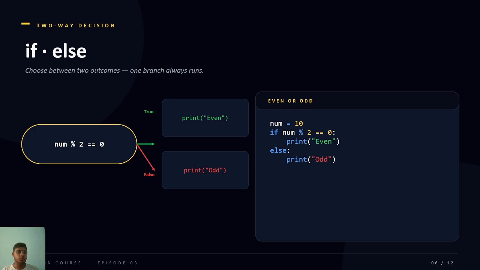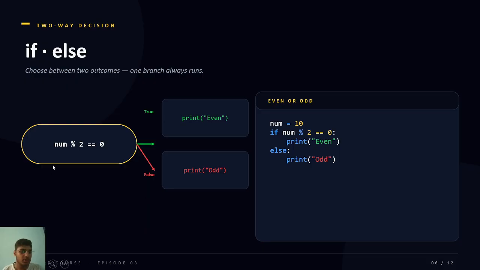The if else statement chooses between two outputs, and one block always runs. If the if statement is false, then it will jump to the second block, and the else will execute the print statement.